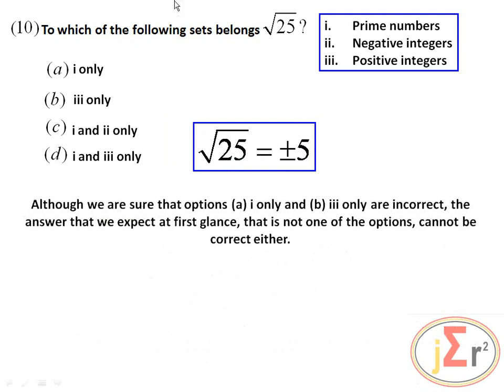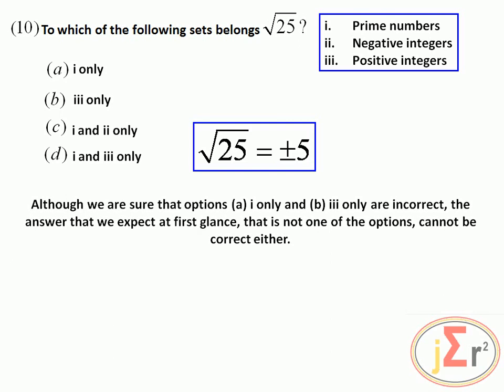And of course, we still have here highlighted the sets of numbers, and the answer after finding the square root of 25. Although we are sure that options A, which is of course 1 only, and B, which is 3 only, are incorrect.